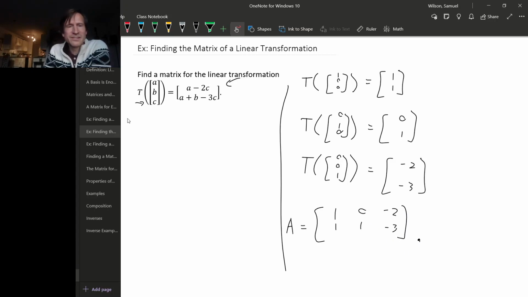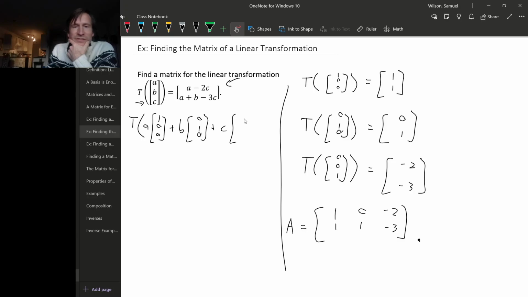Another way that we could have done this is, and I think maybe it's a little more writing, but it displays how T is really just multiplication by a matrix in a more visceral way. So T of (A, B, C) is really T of A times (1, 0, 0) plus B times (0, 1, 0) plus C times (0, 0, 1).